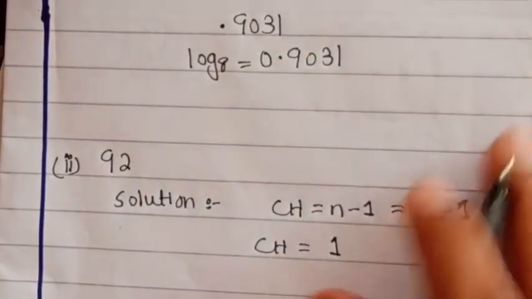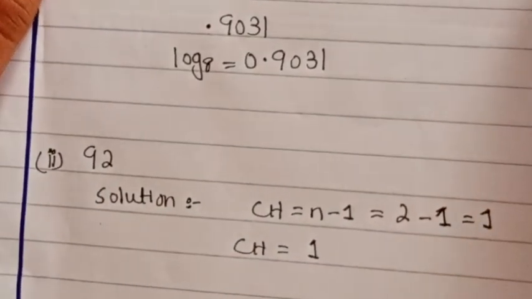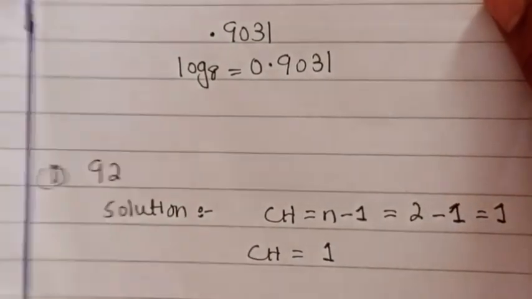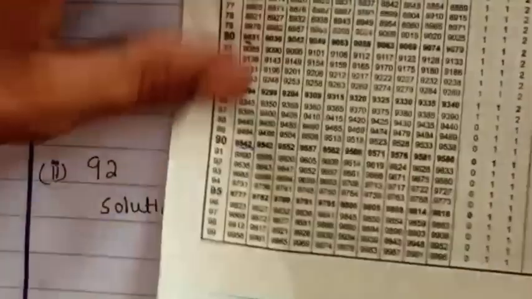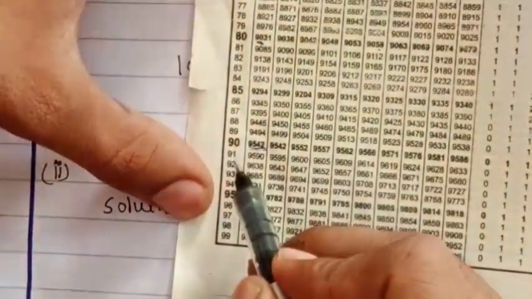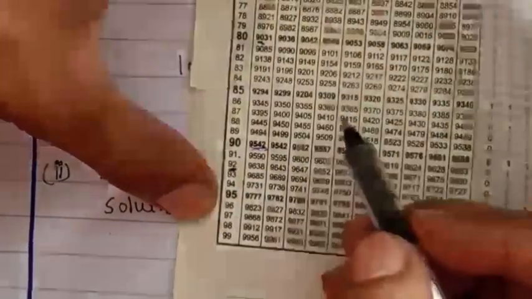And for finding out the mantissa, I need to use the scientific calculator or the logarithmic table. See here 92: this is 90, this is 91, and this is 92.